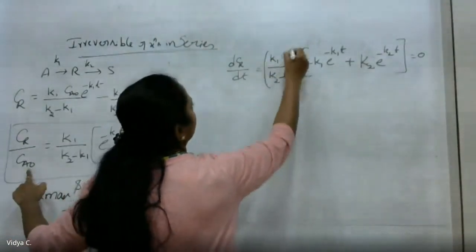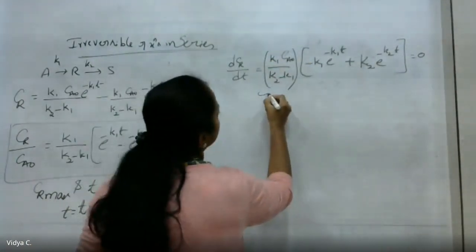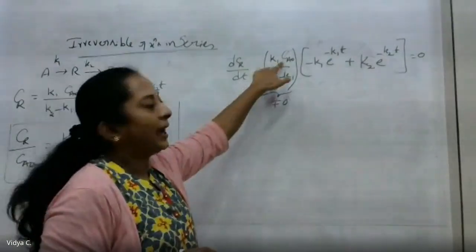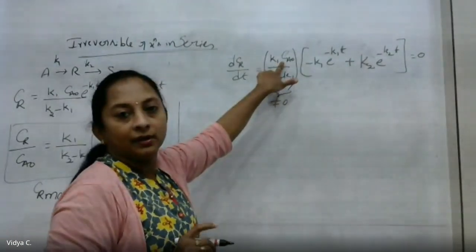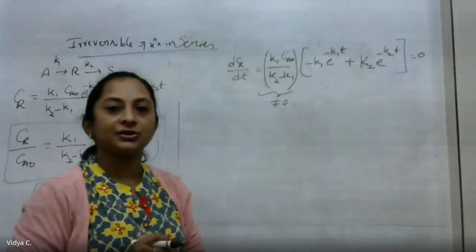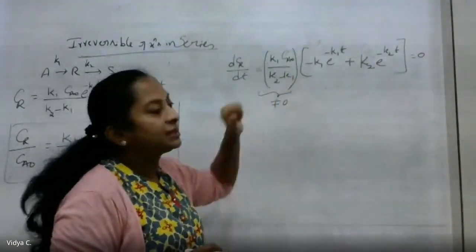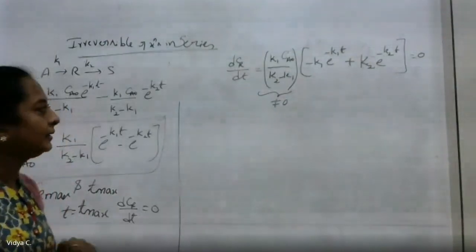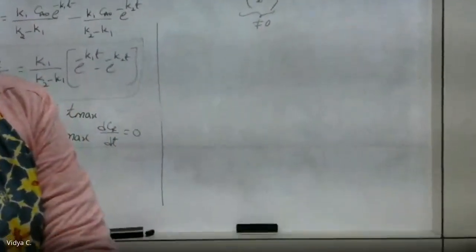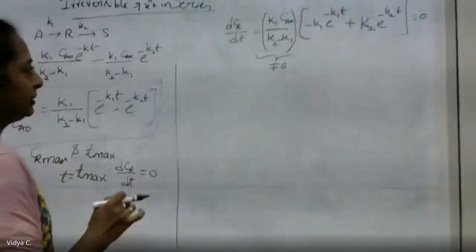Now the thing is, this term cannot be 0. Why? I have Ca naught term here. Ca naught is the initial concentration, and initial concentration cannot be 0. So the other term will be 0.